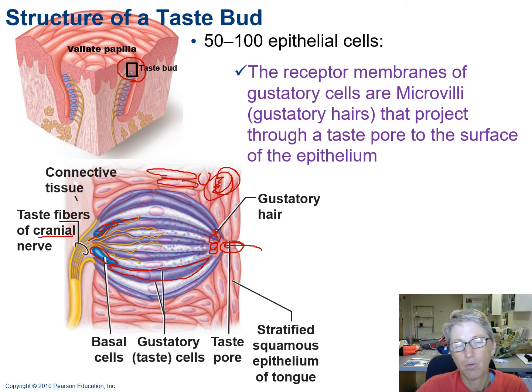This cartoon doesn't really show that though, but these microvilli of the taste cells will project through this pore, so that if a tastant molecule comes along, it can bind to a receptor on the microvilli.